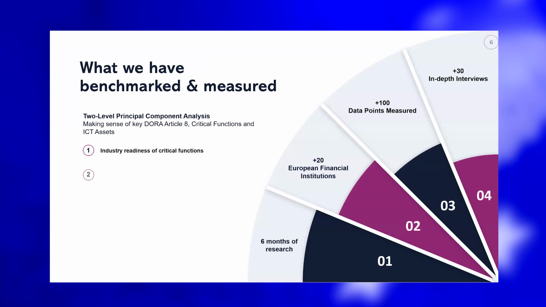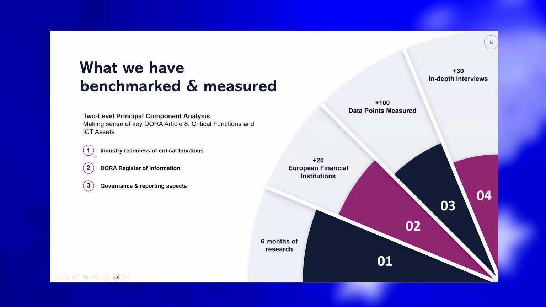and so forth, the research unit of Einar and Partners spent over 6 months of research tracking almost 20 European financial institutions through surveys, through interviews, and in a nutshell, we measured over 100 data points.